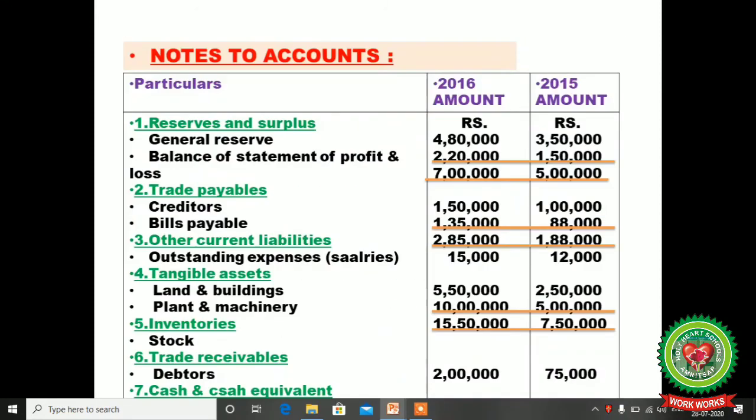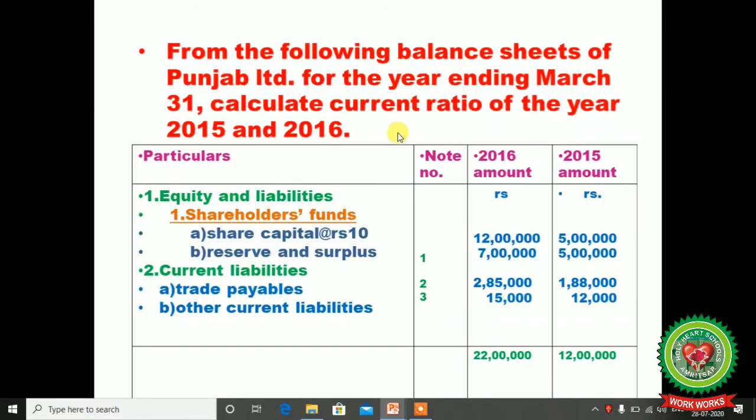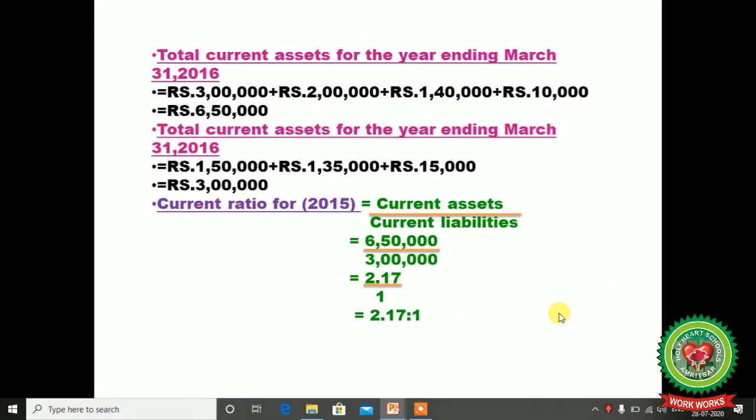Likewise, from the statement, find out the current liabilities of this year: 2,85,000 and 15,000. Record. So after recording the current liabilities and current assets for 2016, the formula is again the same. Find the answer, current ratio, 2.17.